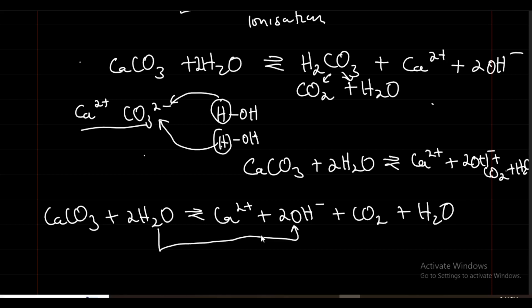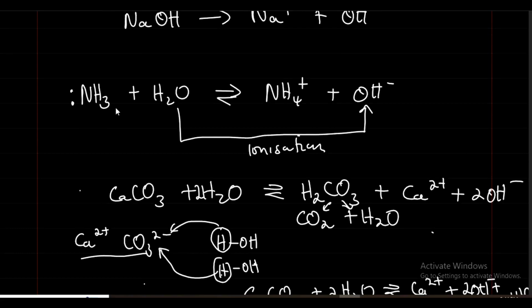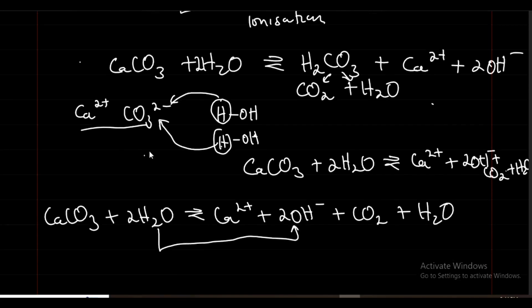You must keep in mind that weak bases dissociate and ionize, or others only ionize but do not dissociate, for example ammonia. But calcium carbonate dissociates and ionizes at the same time.